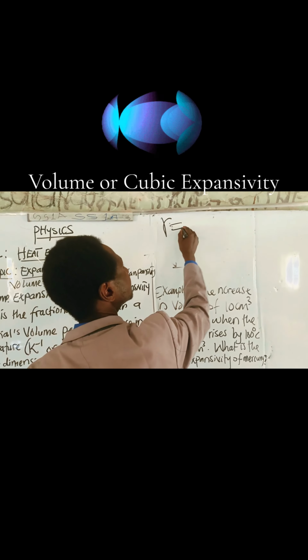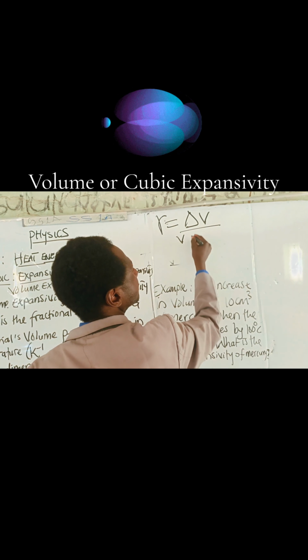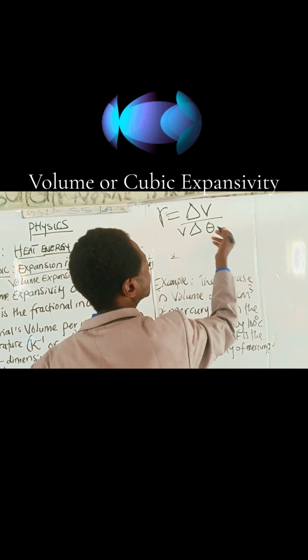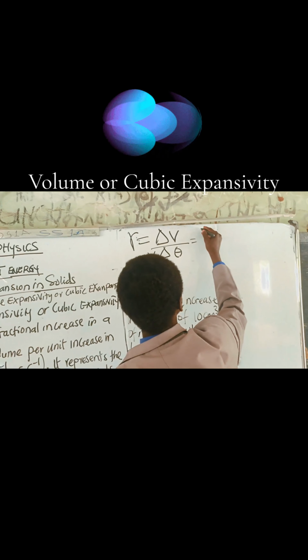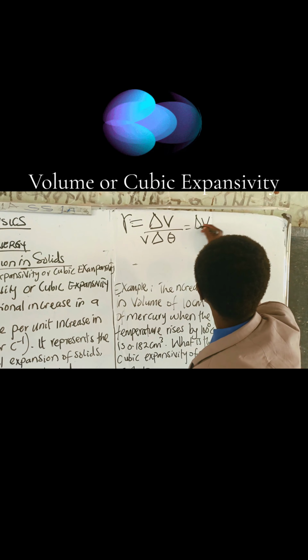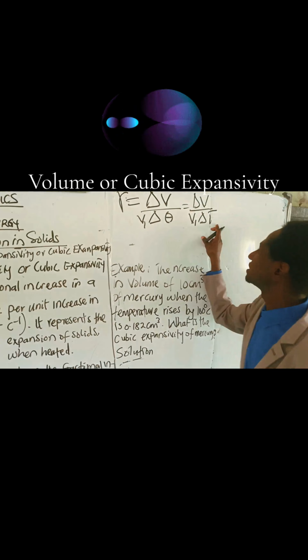This volume expansivity is the same thing as delta B, which is the change in B, all over B1 delta theta, which is the change in temperature. This is also the same as delta B all over B1 delta T, because theta and T both mean temperature.